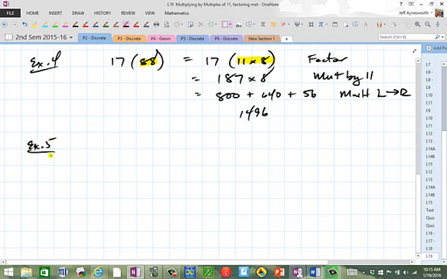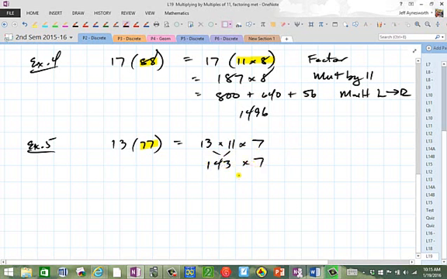Let me just illustrate one more time. Let's suppose we have 13 times 77. 77 is obviously a multiple of 11, 7 times 11. So 13 times 11 times 7. There I get 143 times 7.